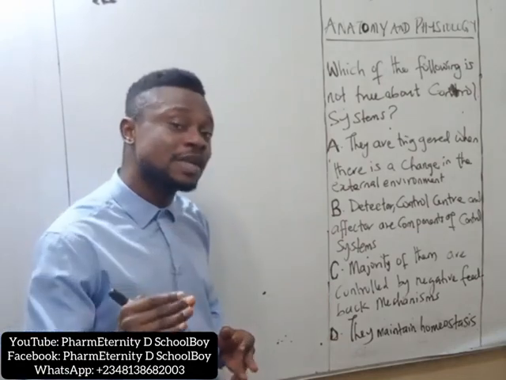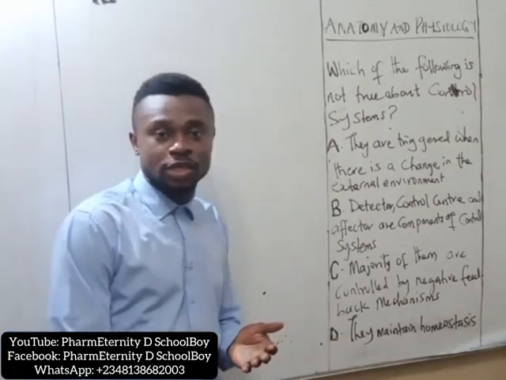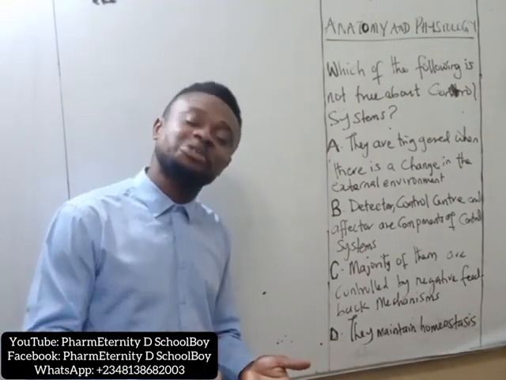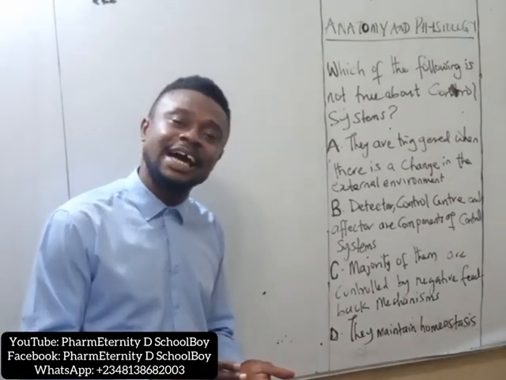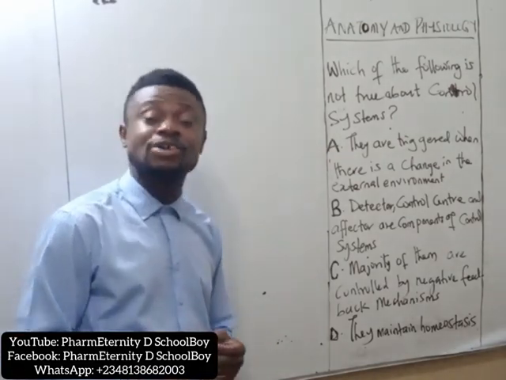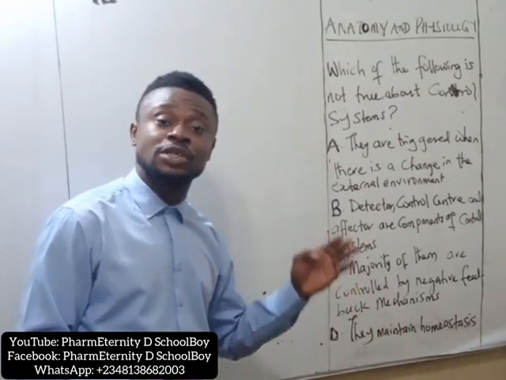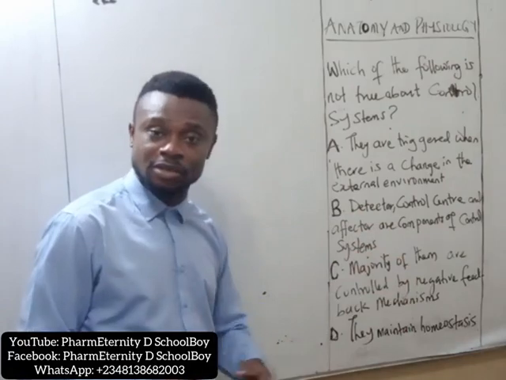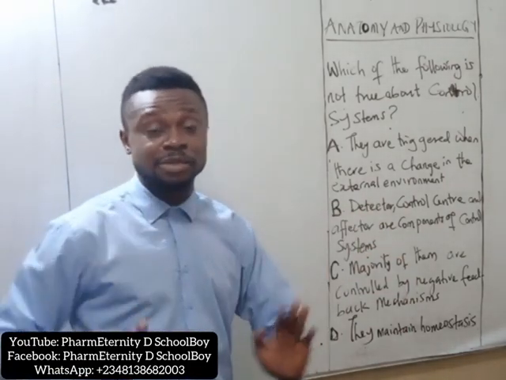And when the blood glucose level falls below the normal range, the control system also is triggered to do what? To bring it up to the normal range. It also happens with body temperature. Now, this is basically what a control system is all about.